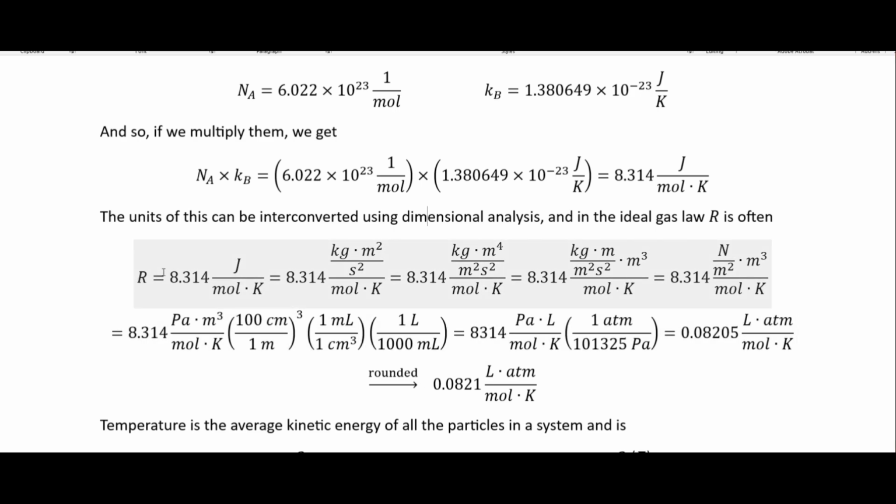So if we take our R here being equal to this gas constant in terms of the joules over mole Kelvin, we can do a bunch of dimensional analysis, which you can go through here if you want. And that gets us to this right here, which is the version of the gas constant that's going to get used most often when we are talking about the ideal gas law.